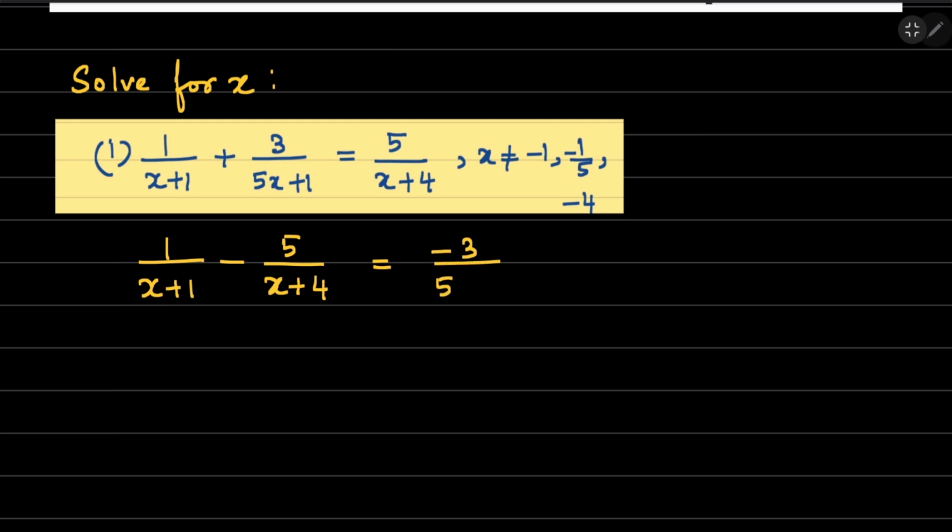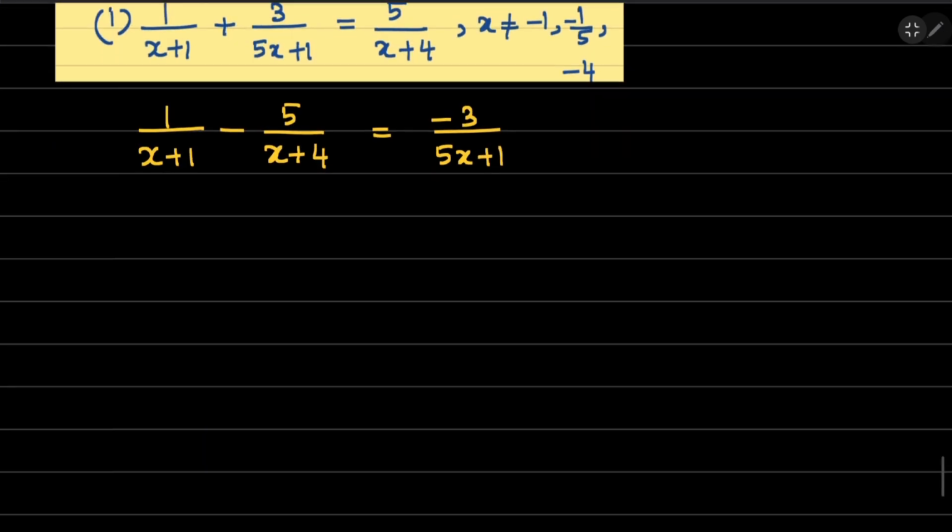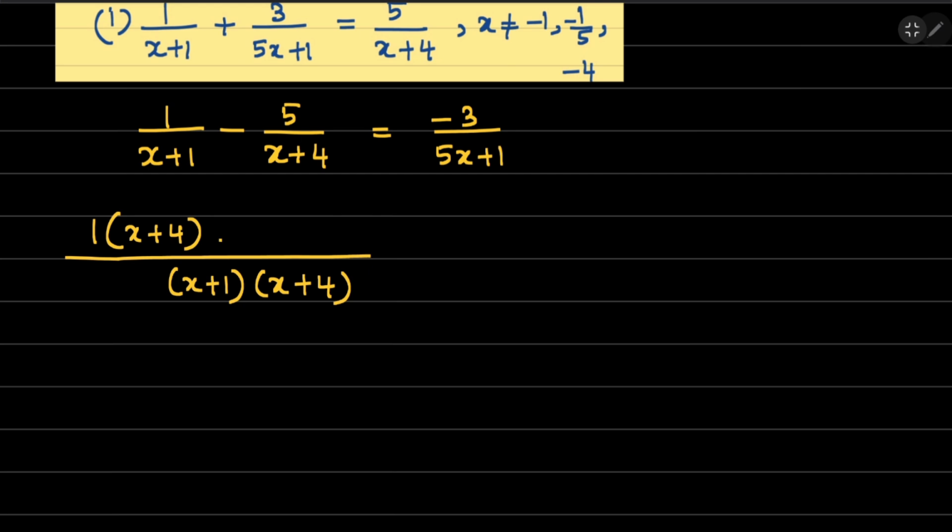Okay, so minus 3 by 5x plus 1. Take the LCM of the first two terms. So what do you get? x plus 1 multiplied by x plus 4. So the first term in the numerator would be 1 multiplied by x plus 4 minus 5 multiplied by x plus 1 is equal to minus 3 divided by 5x plus 1.